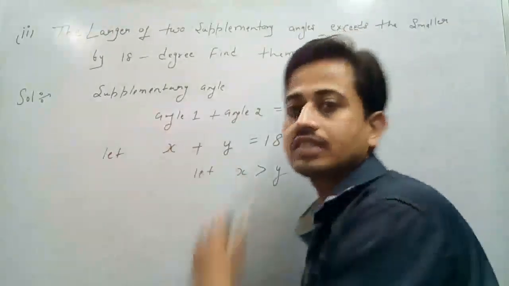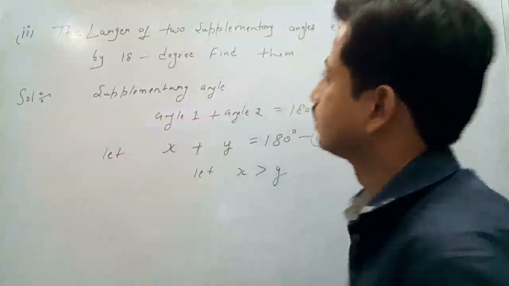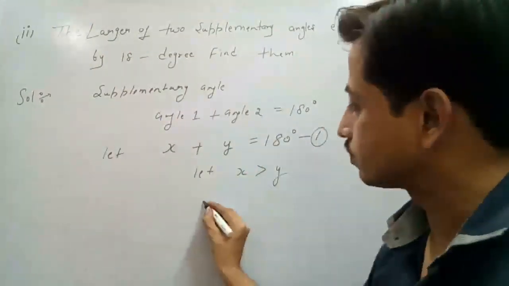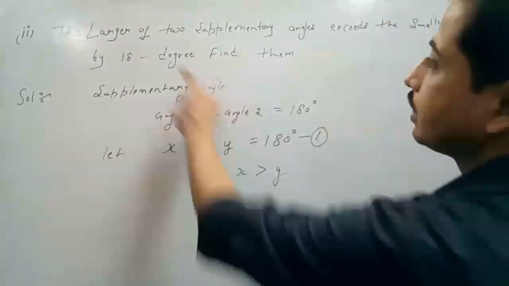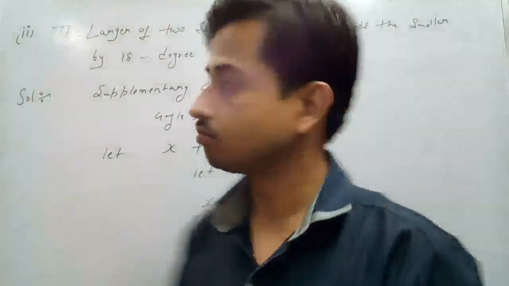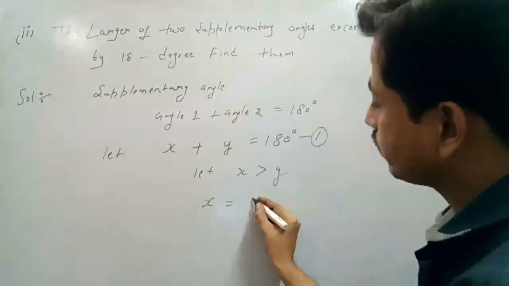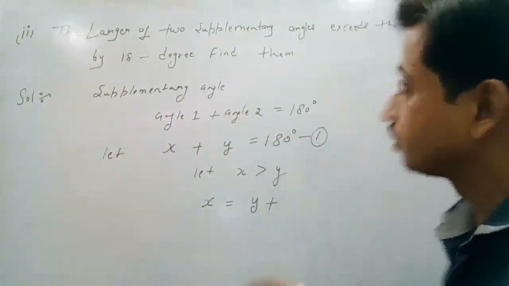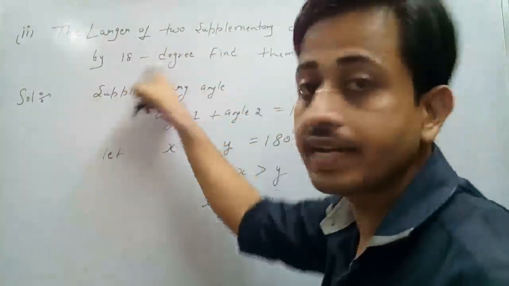It means the first angle is greater than the second angle. So read: the larger angle, larger means x, exceeds means greater. It is greater than y, and by how much? 18 degrees.